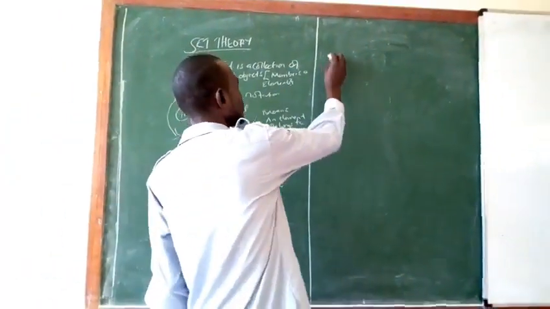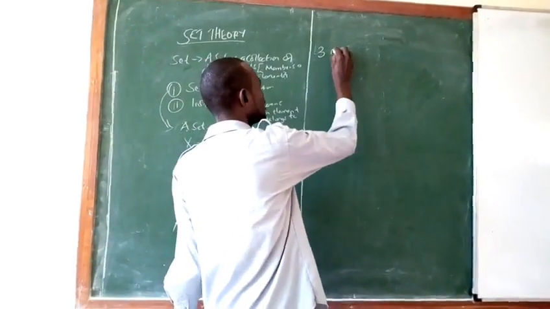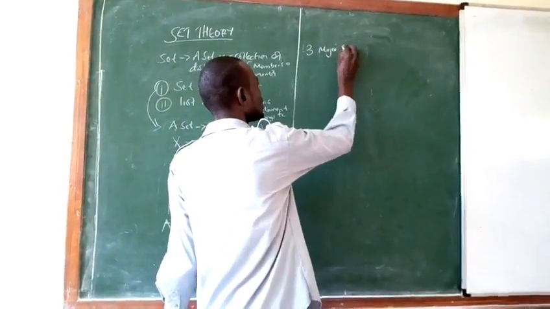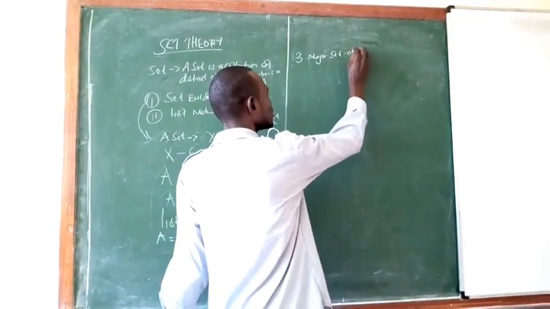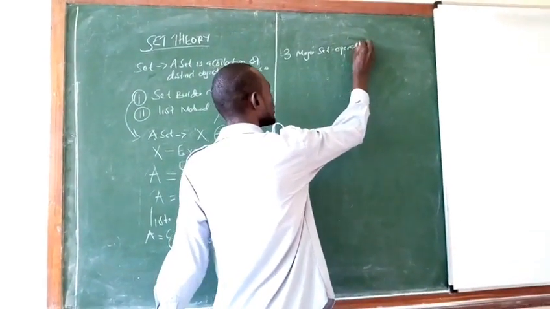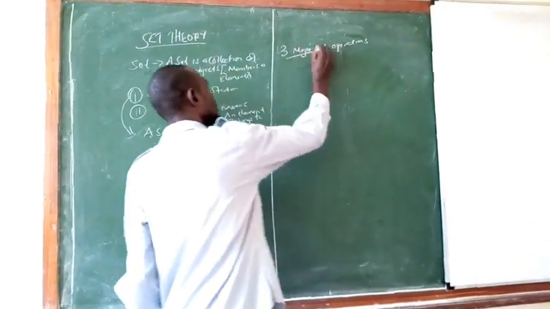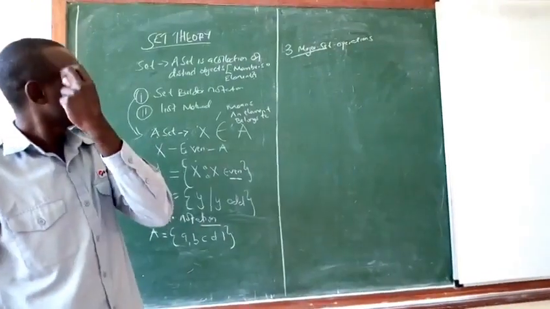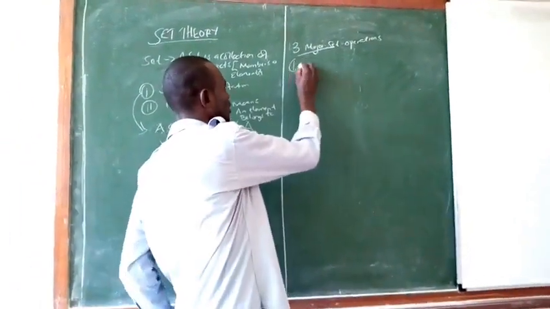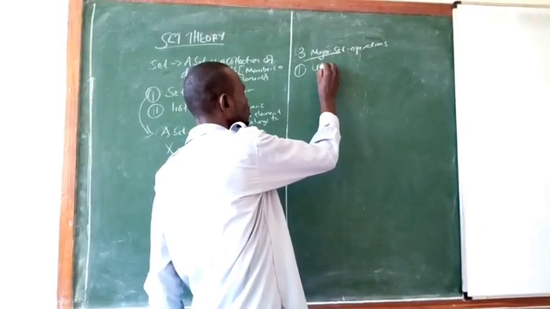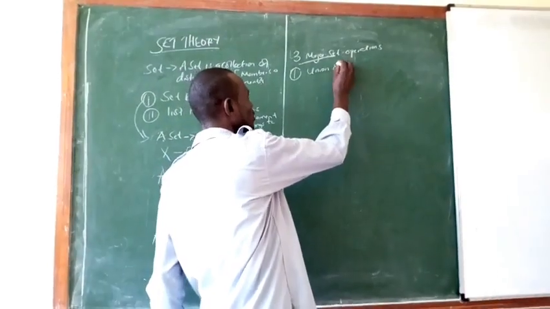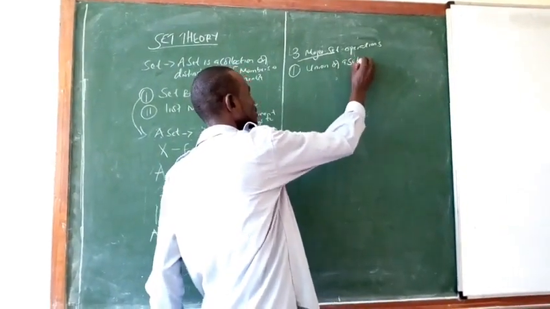We have 3 major set operations. So in this case, I may start with the first one, what we call the union of a set.